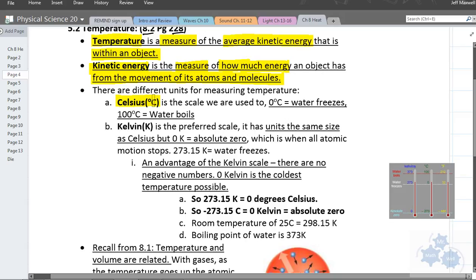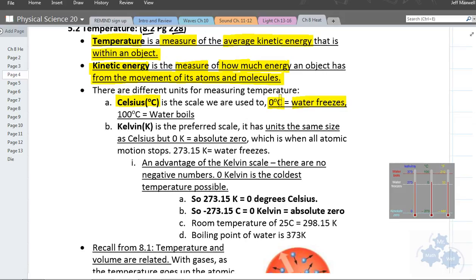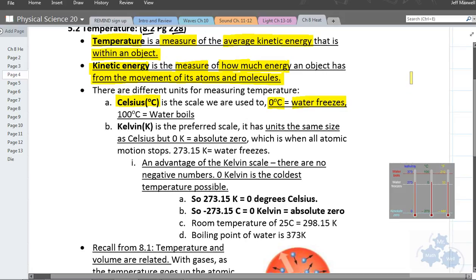The Celsius scale is based on the properties of water. 0 degrees Celsius is chosen to be 0 because that's when water freezes or ice melts. Okay? So that's why 0 is 0. Do you ever wonder that? Do you ever think, oh, that's a strange coincidence that water melts at 0 degrees? That's really cool. Well, that's kind of how they set up the scale. When water melts, that's 0 degrees Celsius.